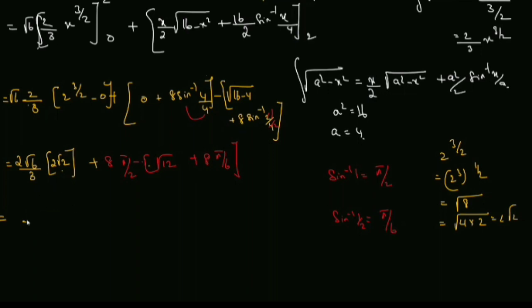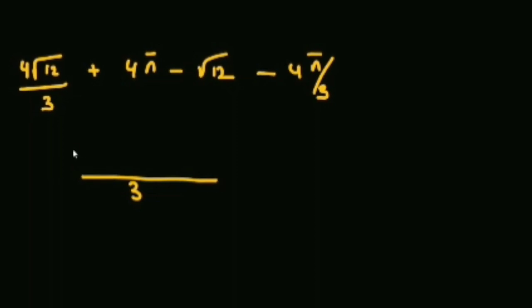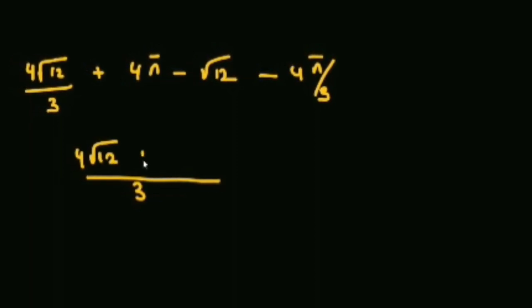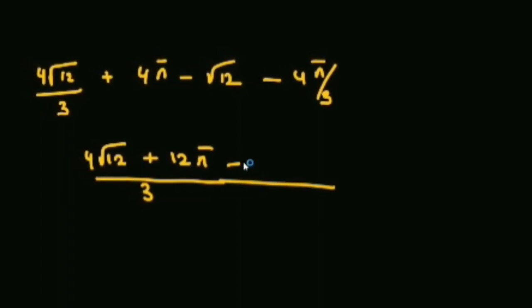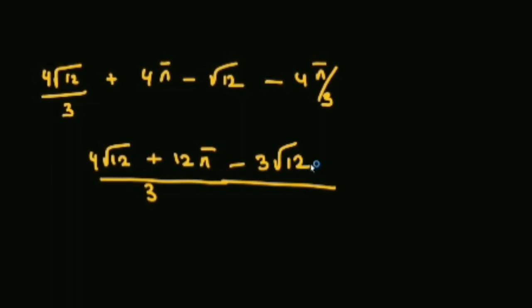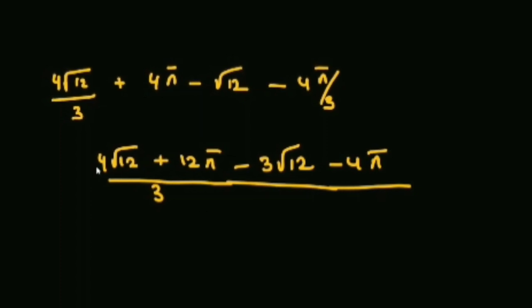So we get here 2 root 6 into 2 root 2, that is 4 root 12 by 3, plus then here 8 pi by 2, that is 4 pi, minus root 12, then minus 8 pi by 6, which is 4 pi by 3. Taking the LCM, root 12 minus 3 root 12 gives the root 12 term and 12 minus 4 gives 8 pi by 3.